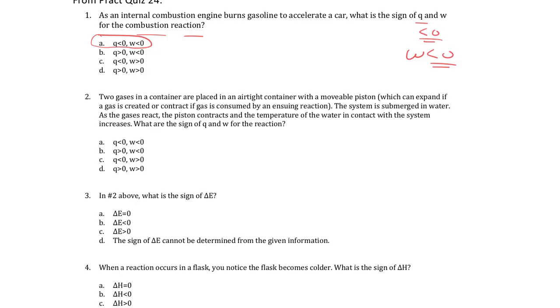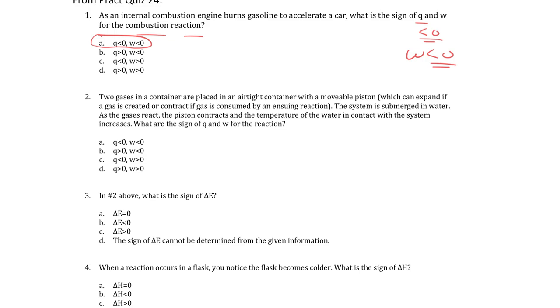The system is also submerged in water, so that the heat from the system can go into the water bath. So we can see, does the water temperature change surrounding this container? As the gases react inside this container with a movable piston surrounded by water, the piston contracts, and the temperature of the water in contact with the system increases.